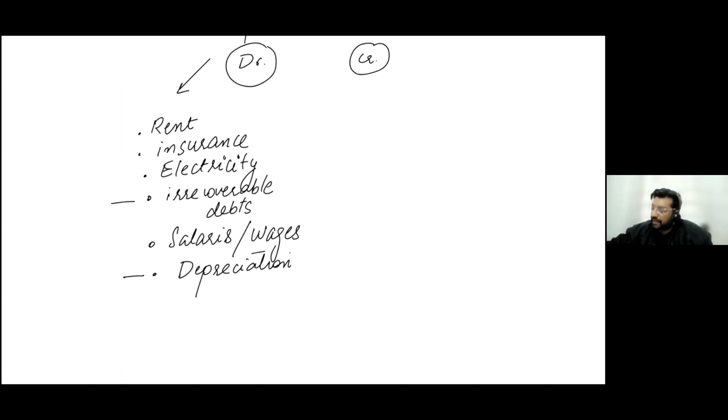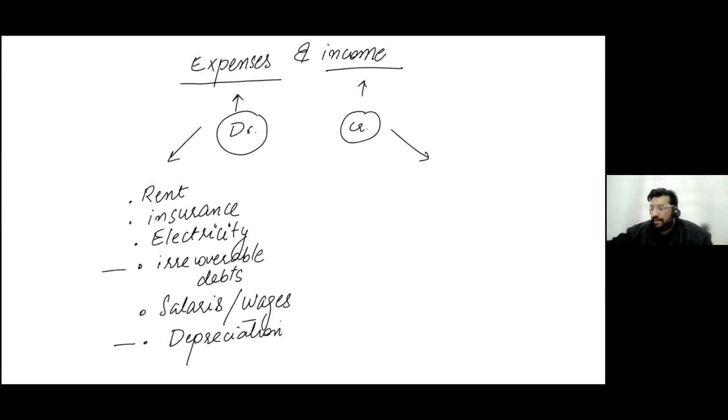Income. Income is like, let's say rent received. So we have a premises, we are a factory and we are producing some products and we are selling it, and we have this extra building, so we just rent it out. Okay.